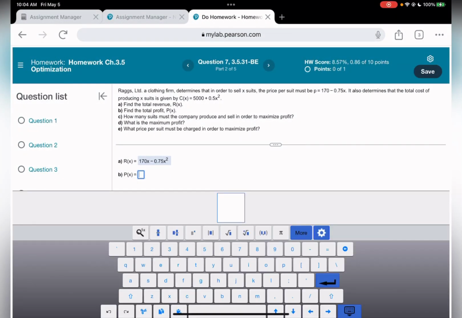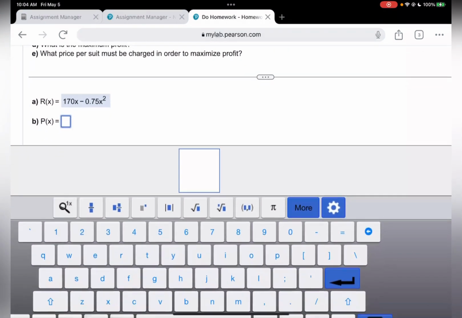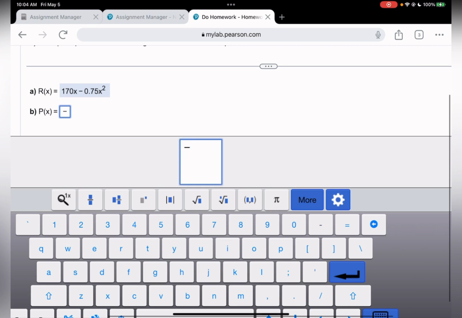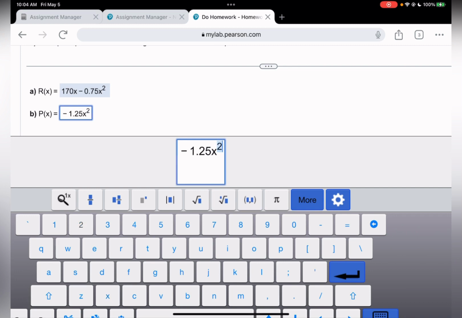P of x negative 1.25 x to power 2 plus 170x and minus 5,000.